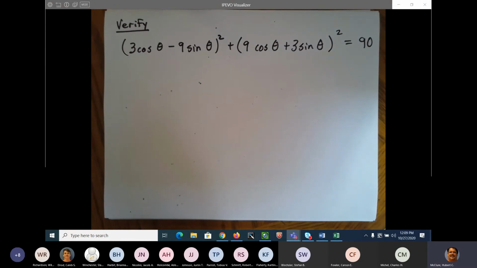Y'all are going to love this one. Now, of course, we're not going to pick the 90. We're going to pick the left-hand side. We're going to pick the most complicated. And somebody tell me what we have on the left-hand side.